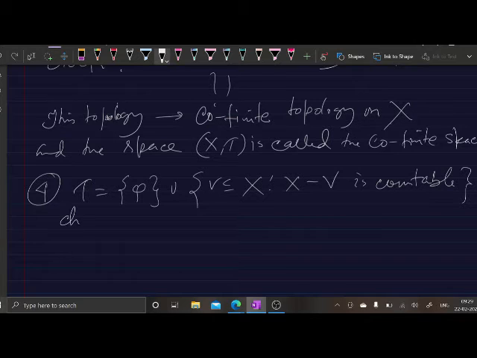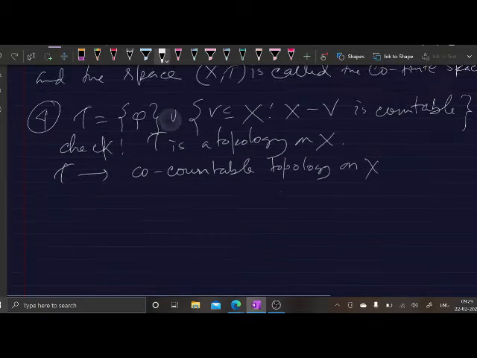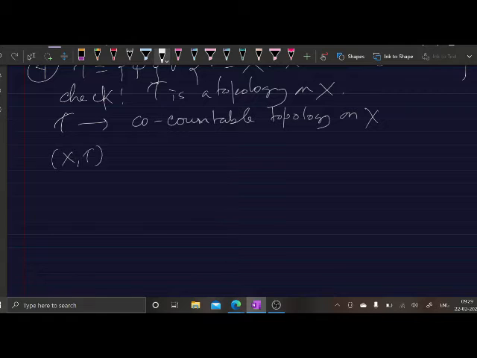Then one can also check that this is a topology on X, and this topology is called the co-countable topology. And the pair X, tau is called the co-countable space.